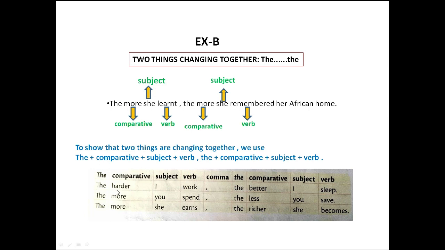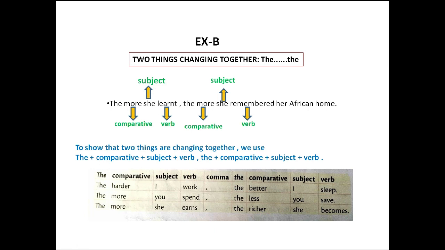Again, harder is what? Comparative degree of adjective. Better again, comparative degree of adjective. I've started my sentence with the comparative degree of adjective, subject, verb, comma, the comparative degree of adjective, subject, verb, full stop. So this is how I am going to use this formula as you use in maths, and you will write the sentence when you have to change two things together.